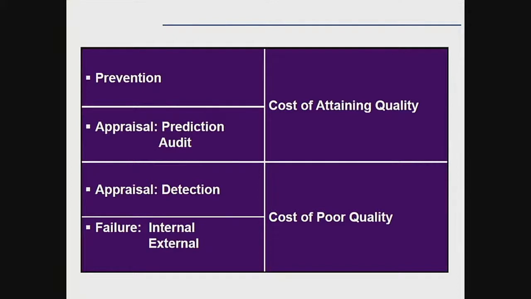We have to do these activities so that our product becomes good and we can satisfy our customer. Prevention talks about a lot of things: all your check sheet preparations, trainings, machine preventive maintenance. All these are prevention costs. Appraisal costs are all your inspections. It is required, but the customer doesn't pay for that.